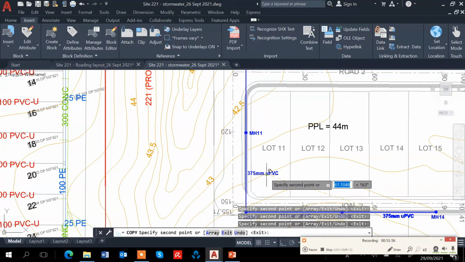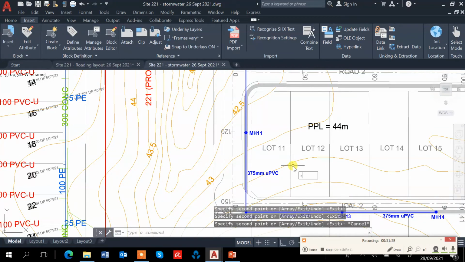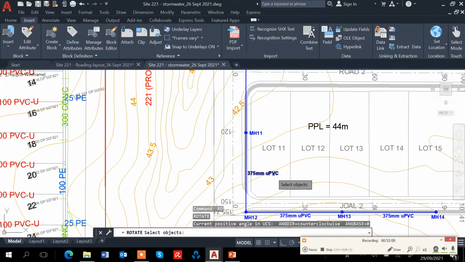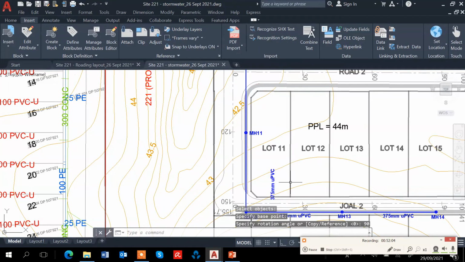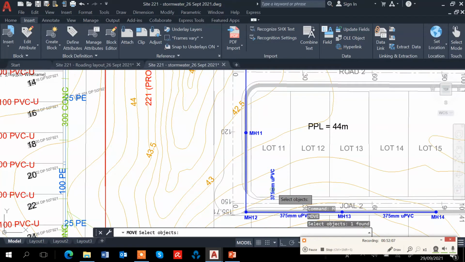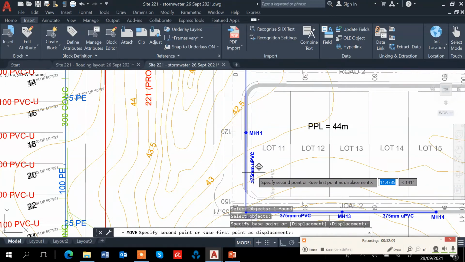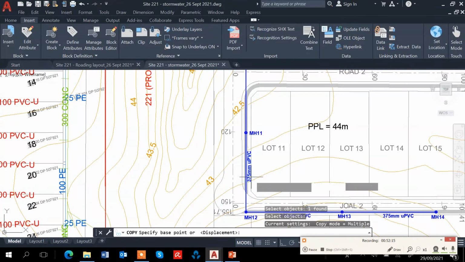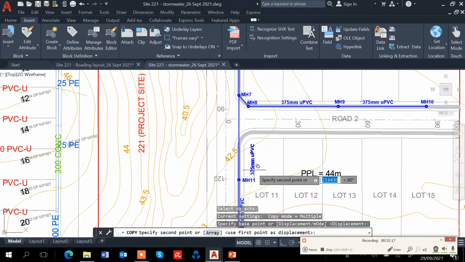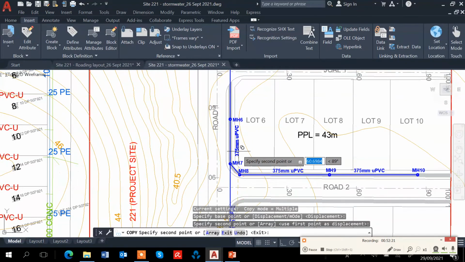So I'm going to rotate it 90, and I'm going to copy this as well. This one's 375 UPVC. I just copy it up here.